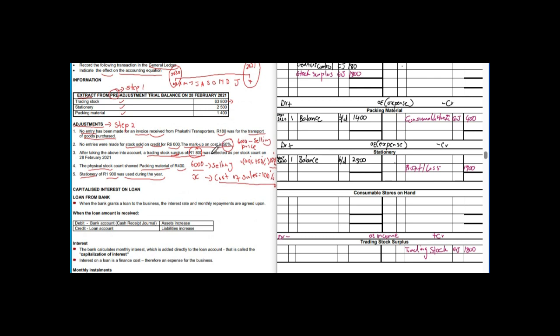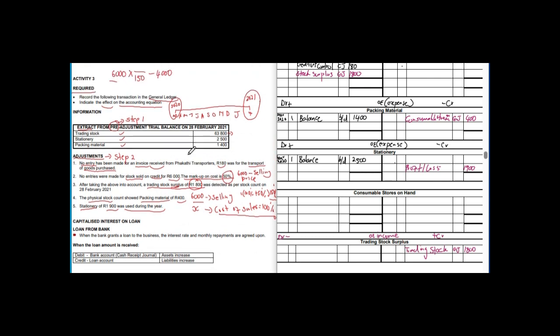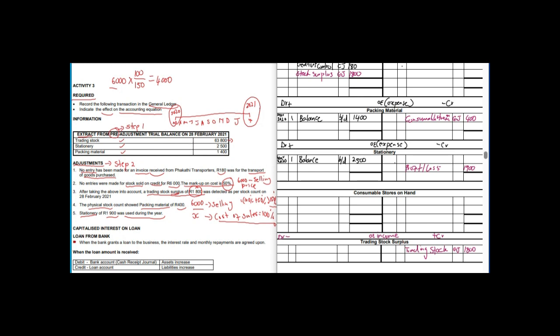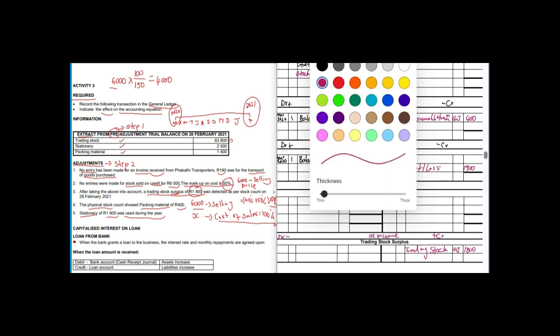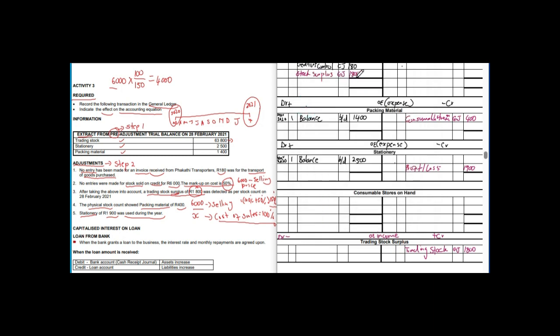And then guys, in this case we have finished with our adjustments. Now let's close off our accounts as required. So we are going to trading stock. Which side is the bigger side under trading stock? Our bigger side is the debit side.